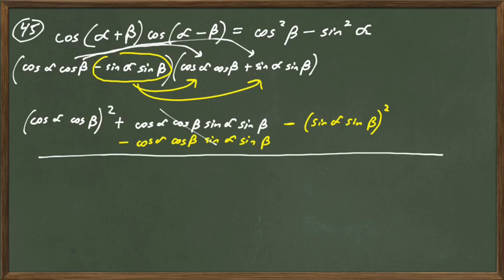Okay, so I have cosine alpha cosine beta squared. How could I write that now? Cosine squared, because it's multiplied, minus what? Sine squared, sine squared.